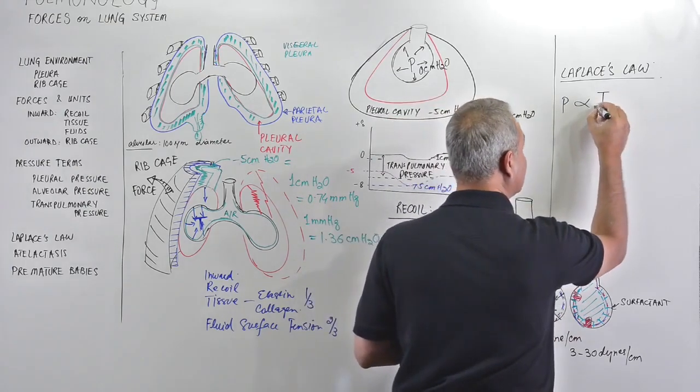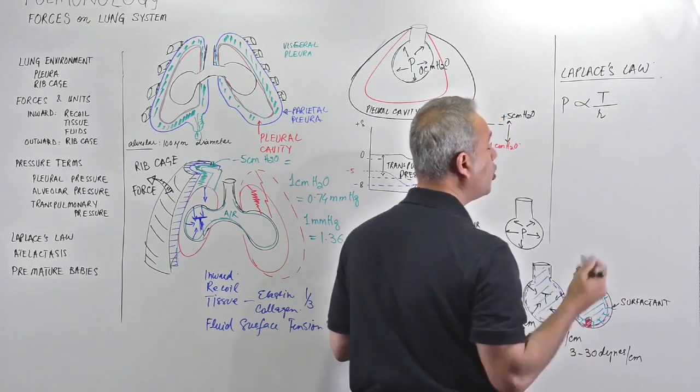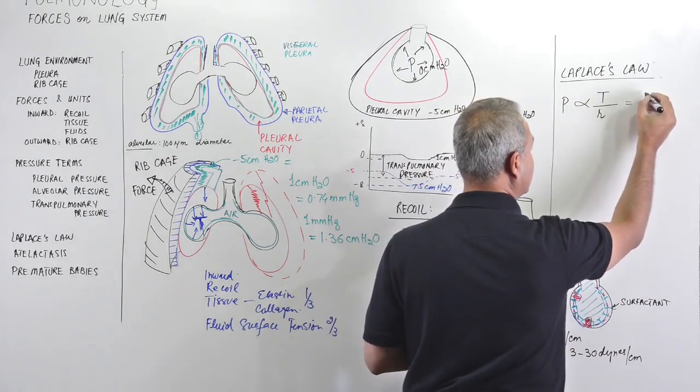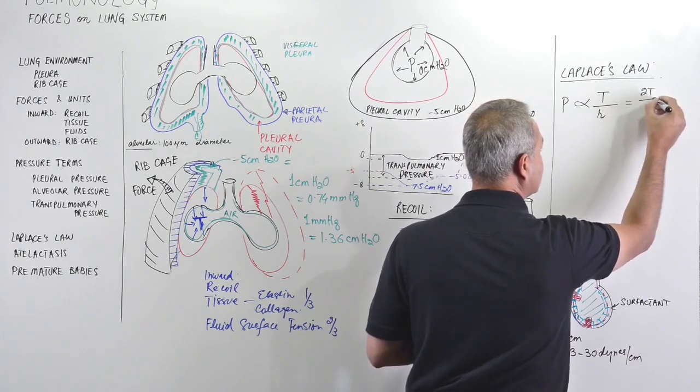So tension divided by radius, or if you remove the proportionality, P equals 2T divided by R.